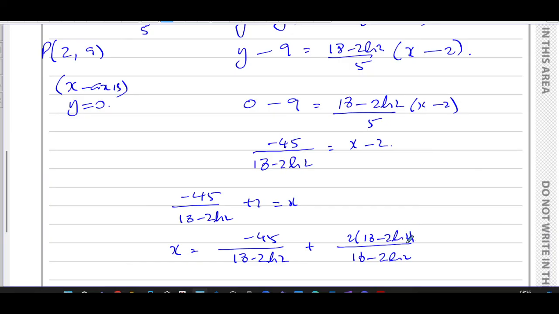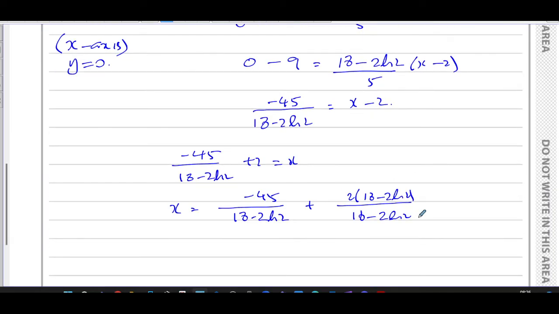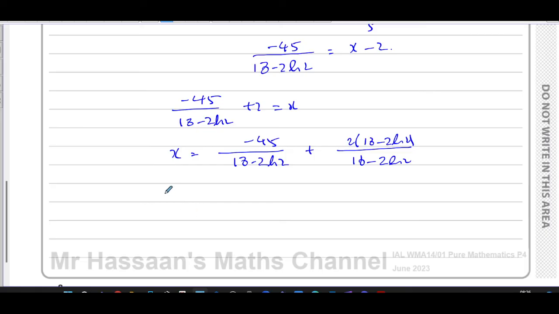I've just made them equivalent fractions with the same denominator. So x equals, over one denominator 18 minus 2 ln 2, minus 45 plus 2 times 18, which is 36, minus 2 ln 2.